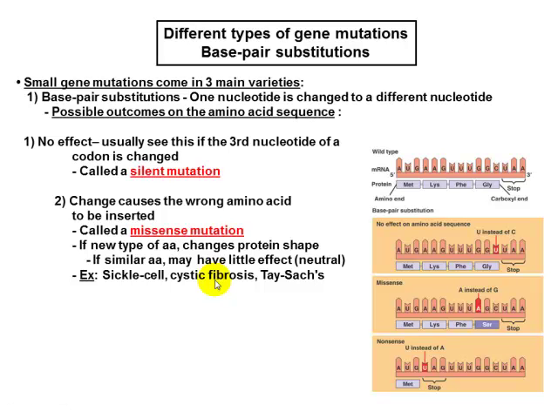And then if you have heterozygous alleles, one with the normal and one with the mutation, usually the person is okay because the normal one will pick up the function. Remember that, cystic fibrosis? Also, Tay-Sachs disease.